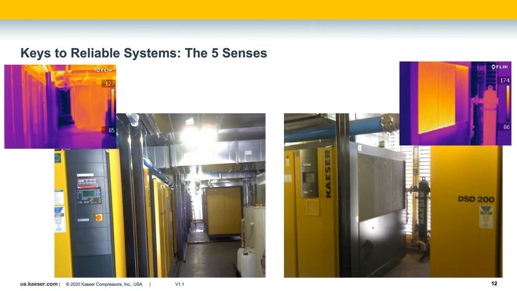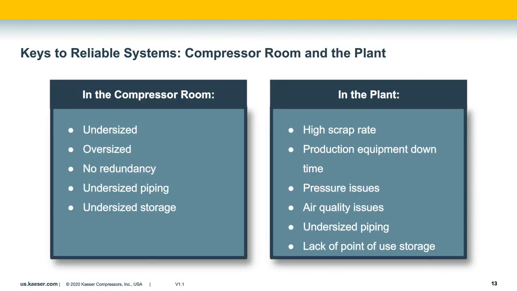Further on the right-hand side, hard to see maybe in this graphic, but looks like the coolers might be plugged, dusty, dirty, and you can see maybe elevated temperatures using the FLIR camera. So, again, walking into the room, you're going to see some things that maybe you won't be able to see with the naked eye, or feel some things that you won't be able to feel, obviously, from far away.